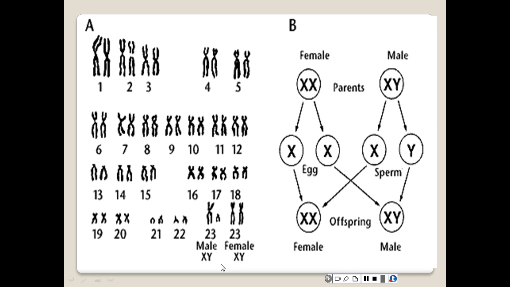I just wanted to show you what they were talking about. These are all autosomes. You have 23 pairs of chromosomes. 22 of them are considered autosomes, and 1 pair constitutes the sex chromosomes. Okay.